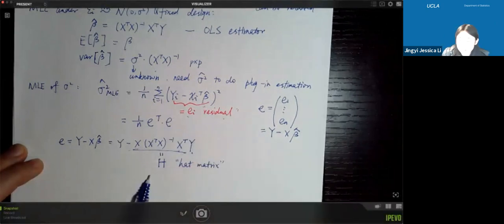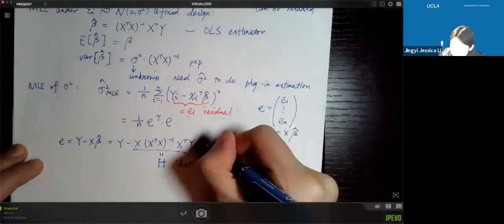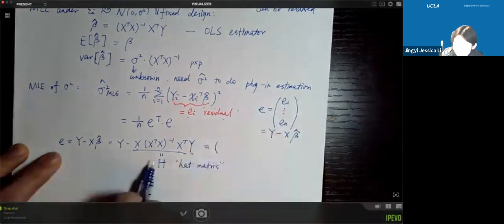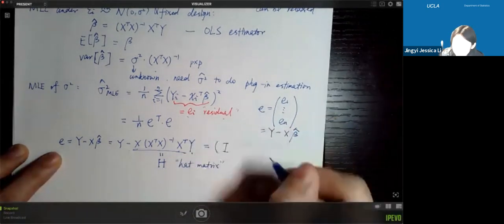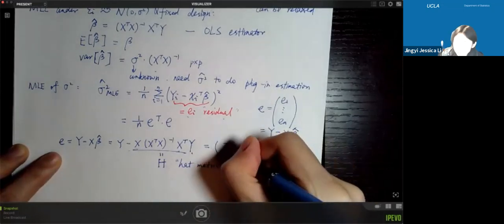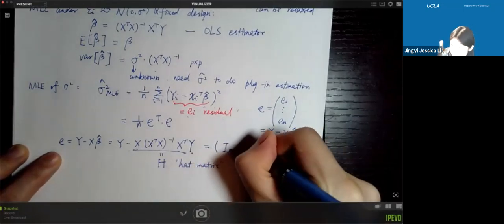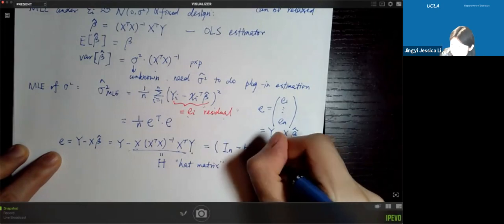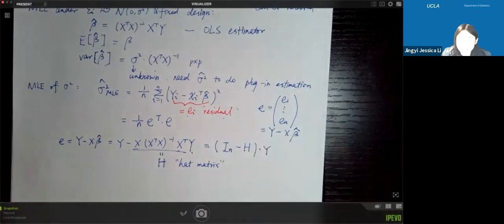With this notation H, we can easily write the residual vector as the identity matrix with n dimensions minus the hat matrix, times y. As a side note, the hat matrix has some very interesting and nice properties, and we're going to revisit it very soon in our next two lectures.